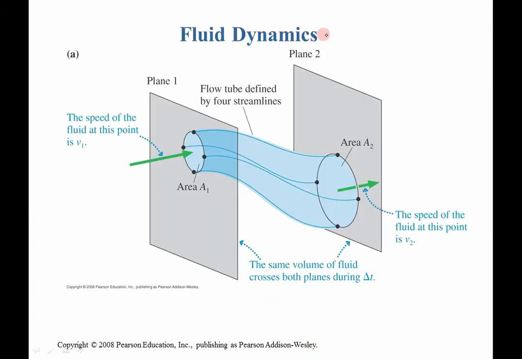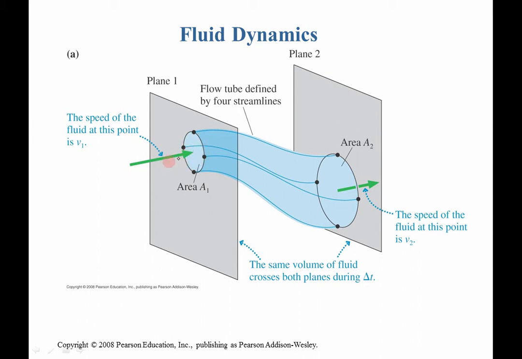Fluid dynamics, what we are going to study, requires two equations. The first one basically says that if you have a fluid going in here, you have to have the same amount of fluid coming out. That is not going to disappear anywhere. That is the continuity equation.